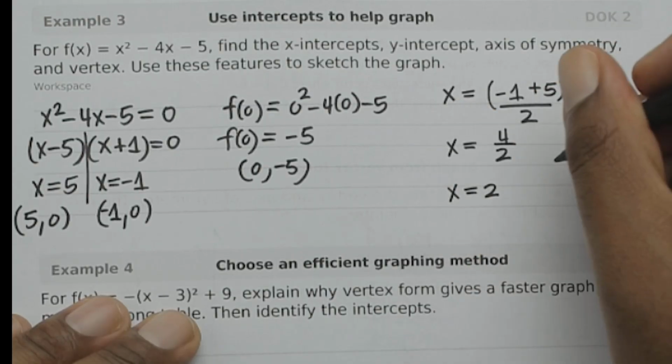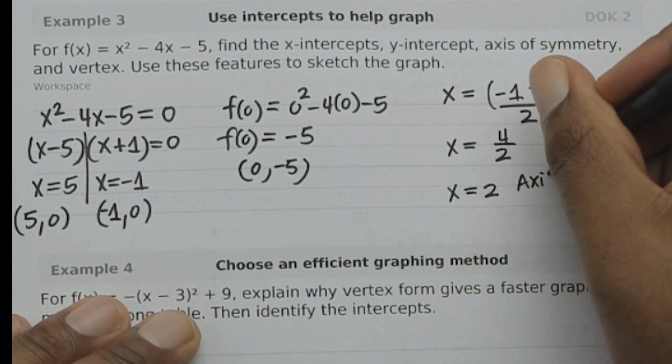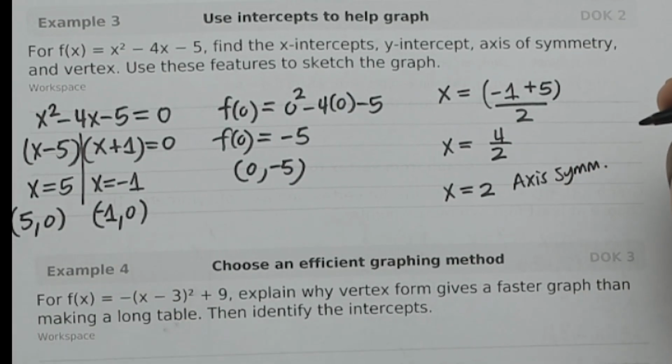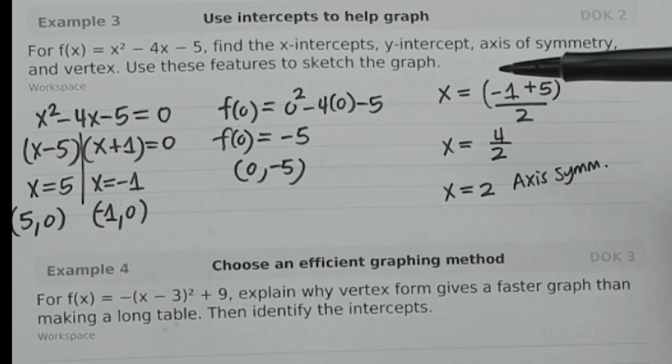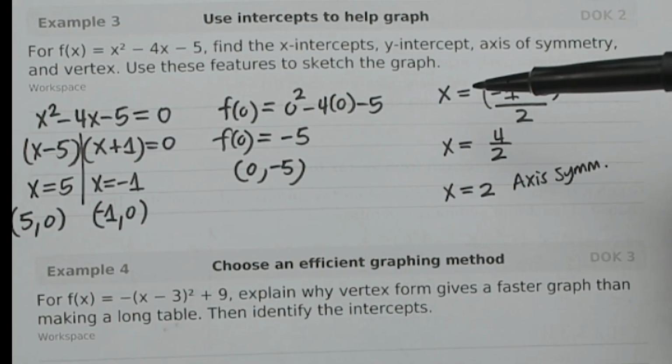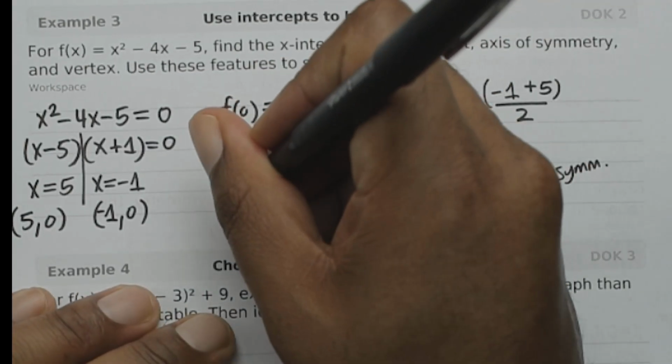So the axis of symmetry is x equals 2. Now, the vertex. To find the vertex, we need to evaluate the function at x equal to 2. So we take the function.